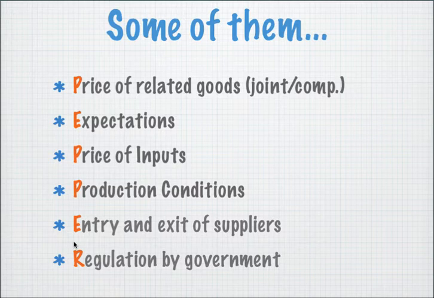Okay. The last thing is about regulation by the government. What kind of policies does the government have in place? Do these policies stimulate producers to produce more? For example, do they have subsidies available? Implementation of a subsidy can cause the supply to increase.